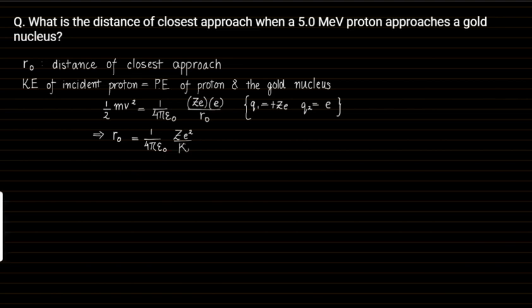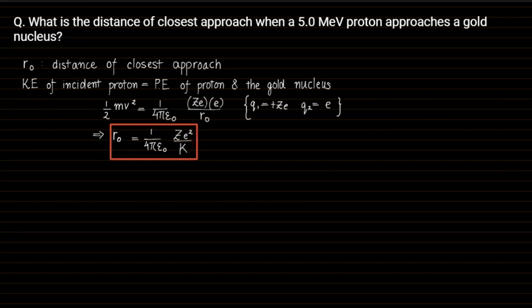So r0 equals 1 by 4 pi epsilon naught ZE square by K. This is the equation for your distance of closest approach, where Z represents the number of protons, E represents the charge 1.6 times 10 to the power minus 19 coulombs, and K represents your kinetic energy.